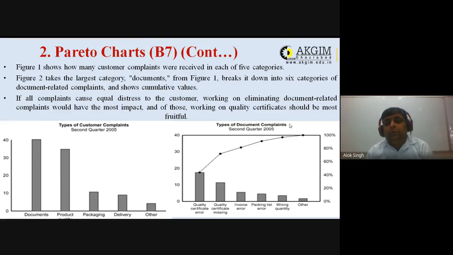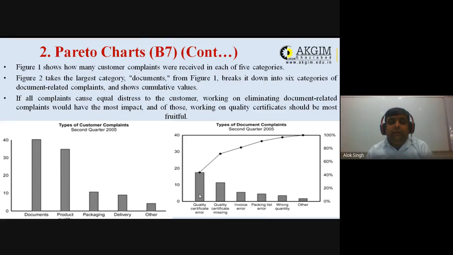The types of document complaints in the second quarter of 2005 are as follows. Most of the complaints are associated with quality certificate error. Another is quality certificate missing. Next is invoice error, packing list error, wrong quantity, or other.